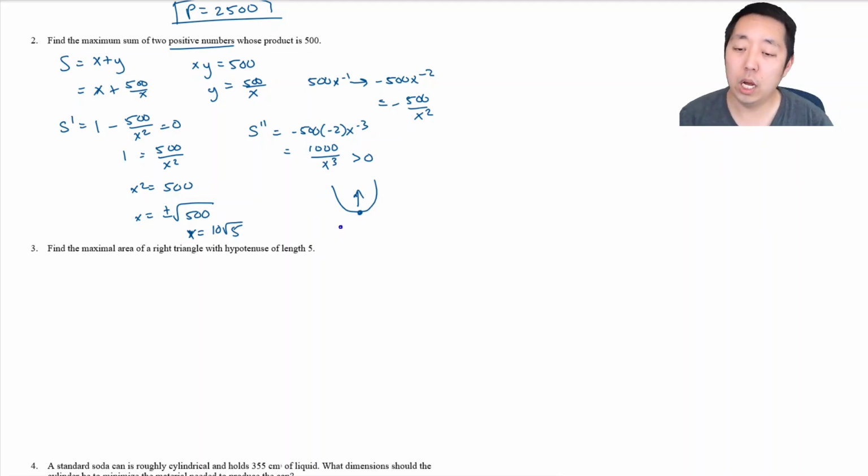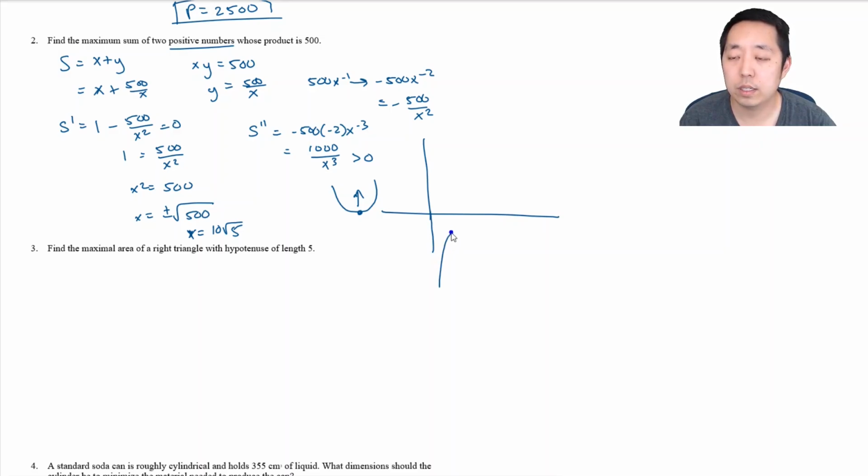So if this is a minimum, maximum sum of two products, this is a minimum. So in general this shape, I think it's not going to have a maximum, because if I plotted this curve, when it's really small, it's going to go down here, and then it's going to go up.